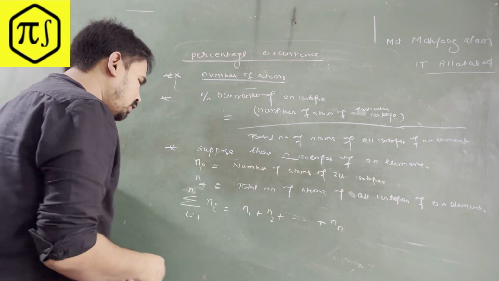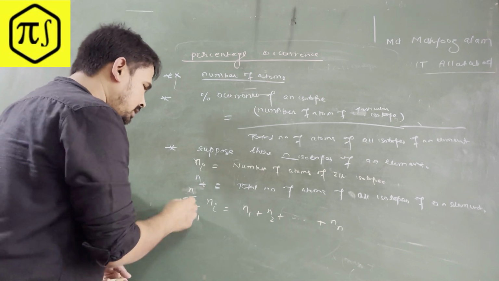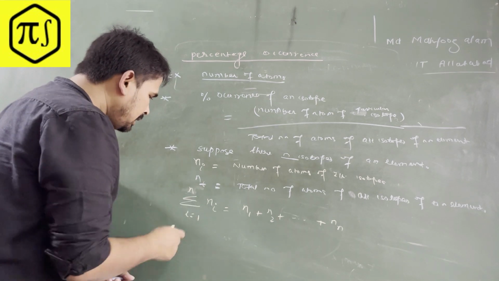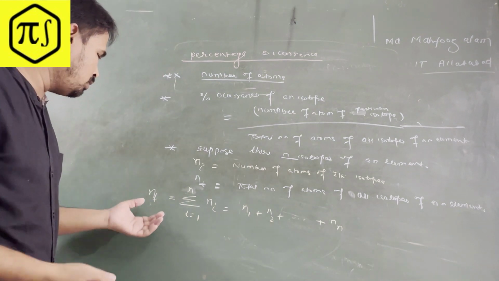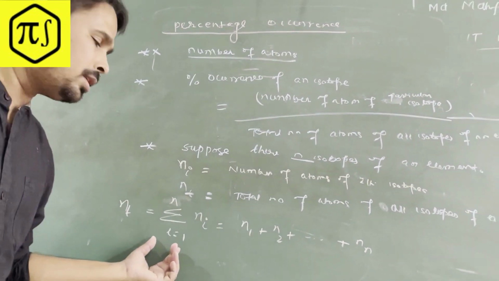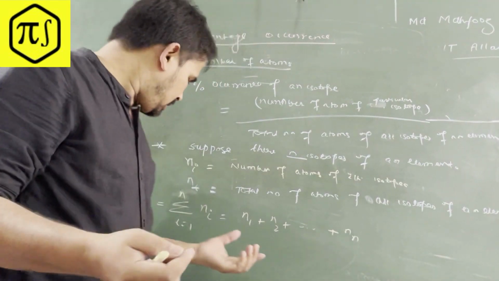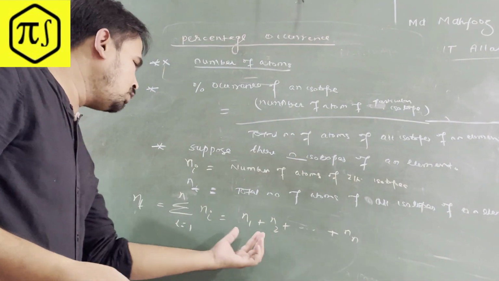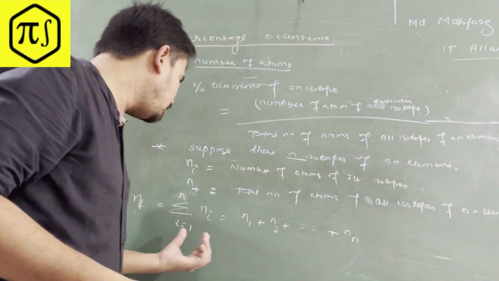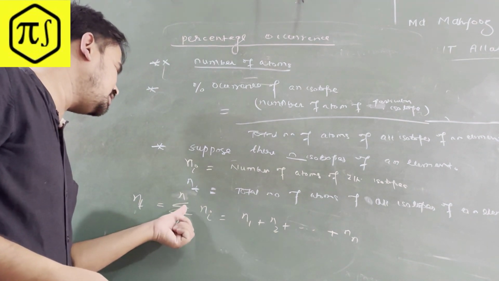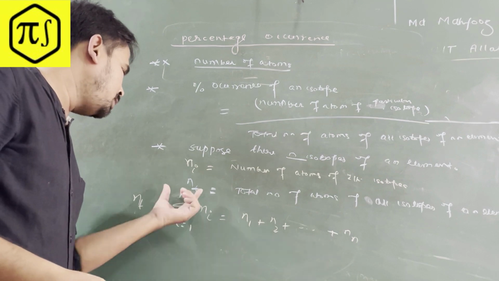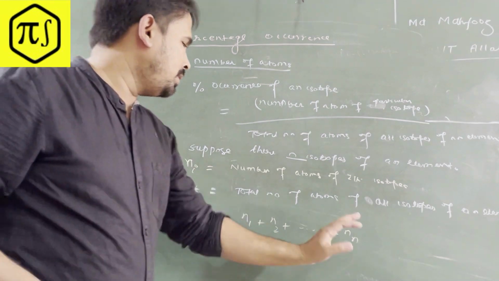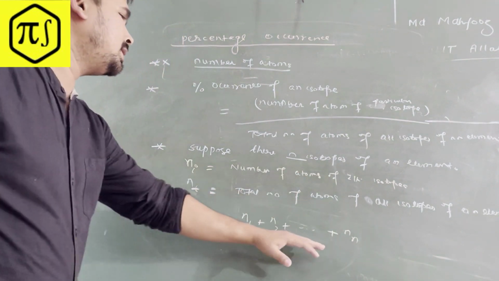So this is the Nt total. If I tell you to calculate Nt without using this symbol, then you would do N1 plus N2 plus up to Nn. So with this summation mark, each term from 1 to n gets added. This is the symbol we will be using here. So Nt is this one actually.